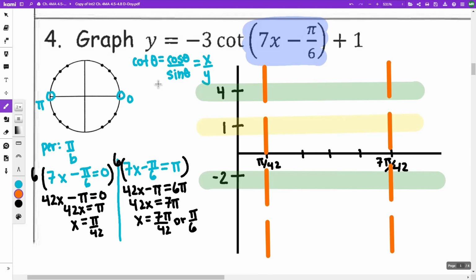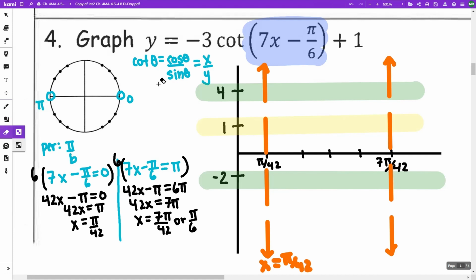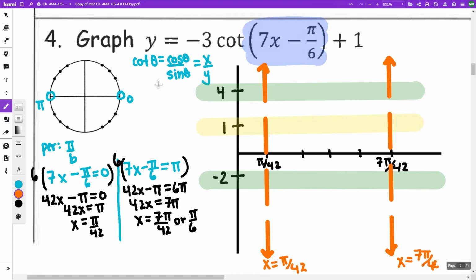Okay, those are my asymptotes. And those asymptotes, again, are x equal to pi over 42, and x is equal to 7 pi over 42.